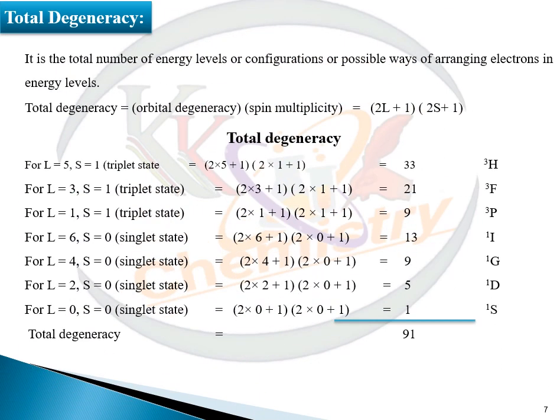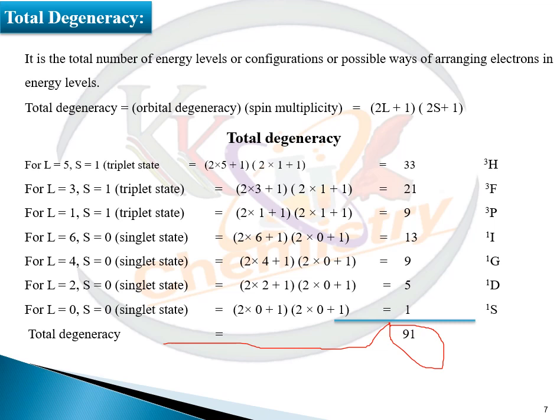And total degeneracy means how many ways there are to place these electrons. Of course, 91 ways. We have calculated it from the number of microstates formula. We can also calculate it from the total degeneracy as well.